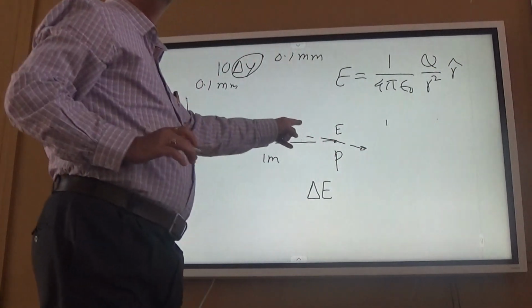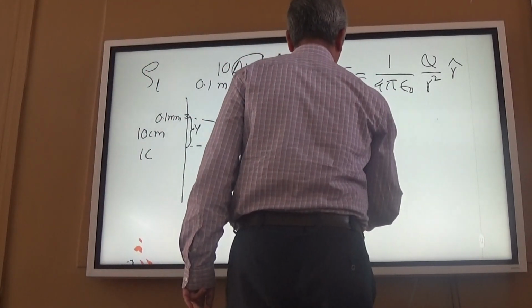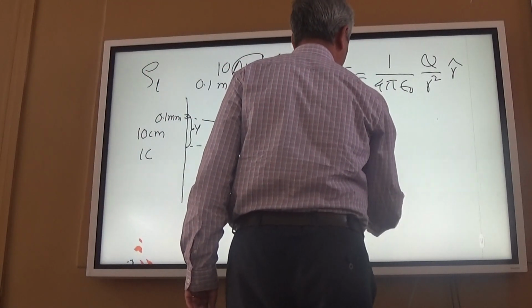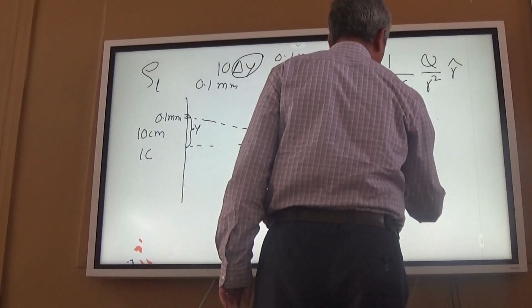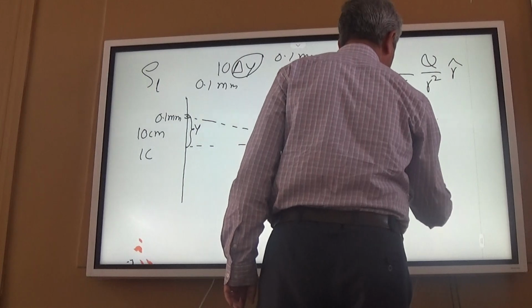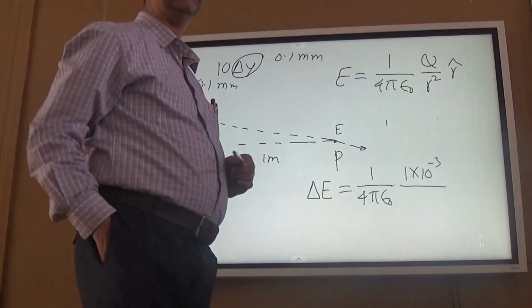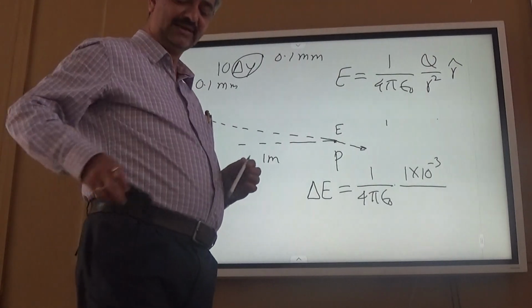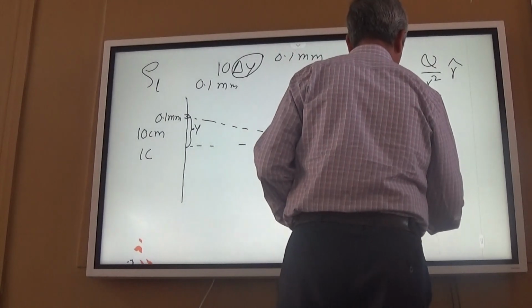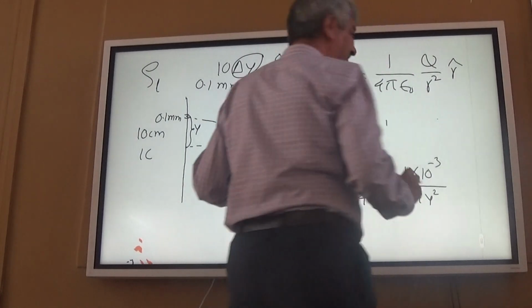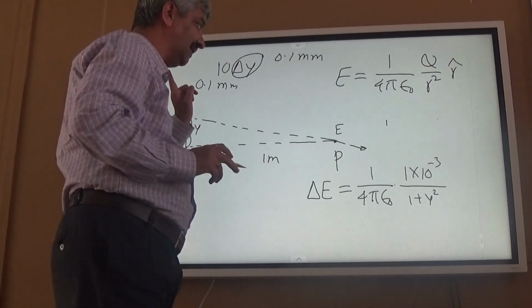Delta E is equal to 1 upon 4 pi epsilon naught into Q, which is 1 into 10 raised to minus 3, upon R square. What is R square? R square is 1 plus y square, right? Agreed? This square is equal to this square plus this square.